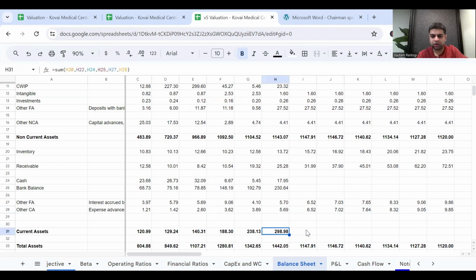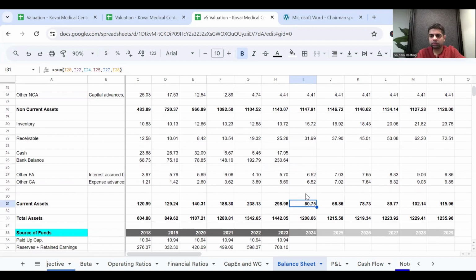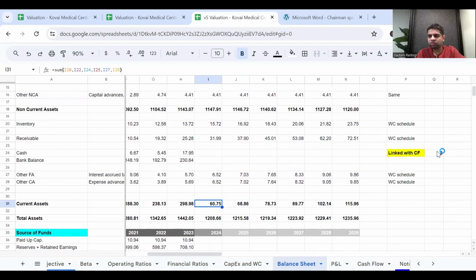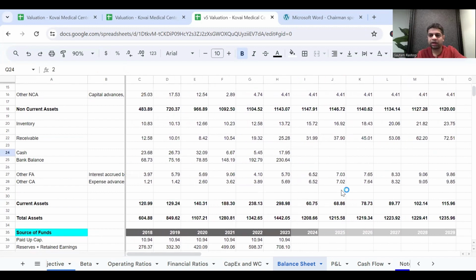Now, let's put the totals. We're just totaling up the current assets. And obviously, this is a lower number because we have not added cash yet. We are yet to estimate cash, and we have marked it with yellow. And this is the link, this is our label.